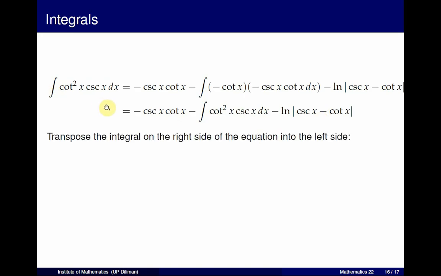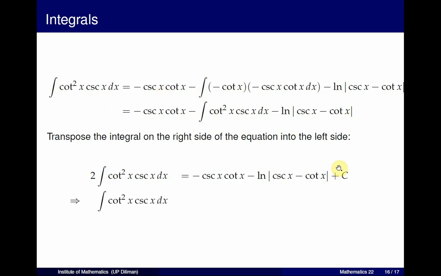So transposing the integral on the right side of the equation to the left side gives us 2 times the integral of cotangent squared x cosecant x dx equals negative cosecant x cotangent x minus ln absolute value of cosecant x minus cotangent x plus c. So let's put the plus c already here.